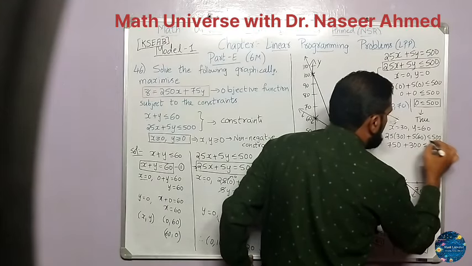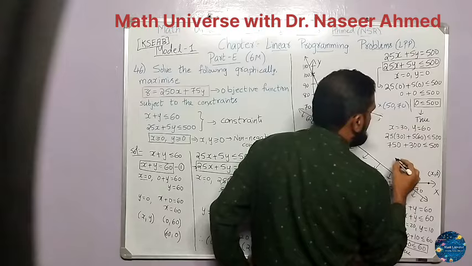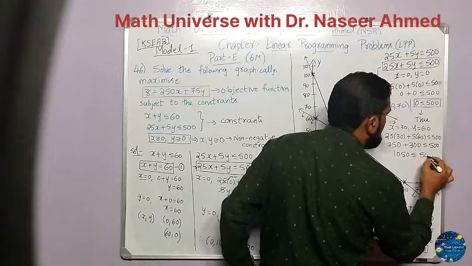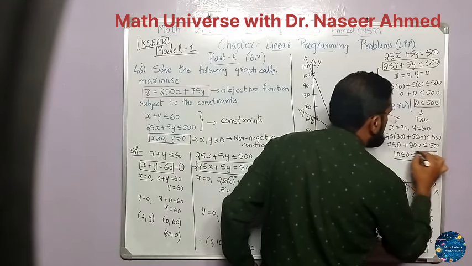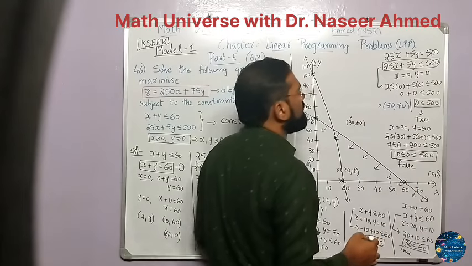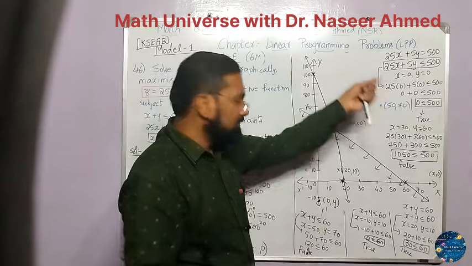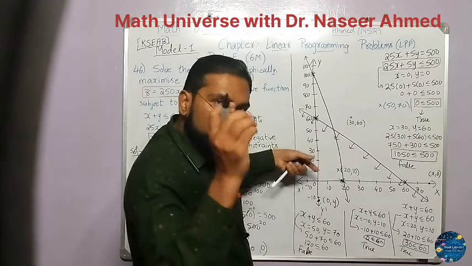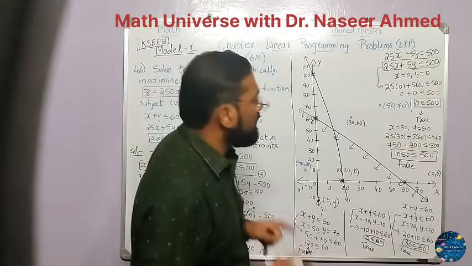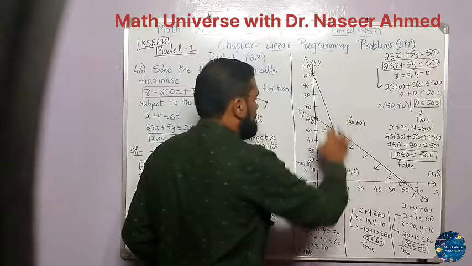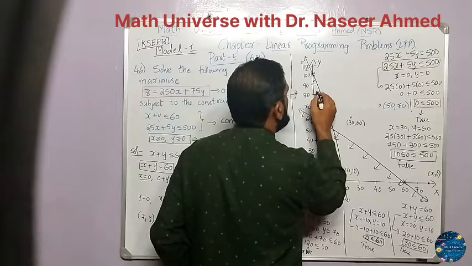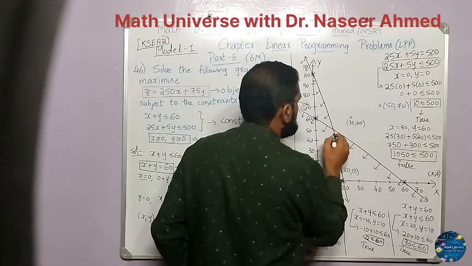Calculator is allowed for you in your final board exam. 7 plus 3 will be 10, so 1050. Is 1050 less or equal to 500? Is this true? No, it is false. That's what I said. Since you already got true for 0, 0, whichever point you take left of the line, you will get true only. That means right of the line it will be false. So for this line also, my solution region will be left of the line.